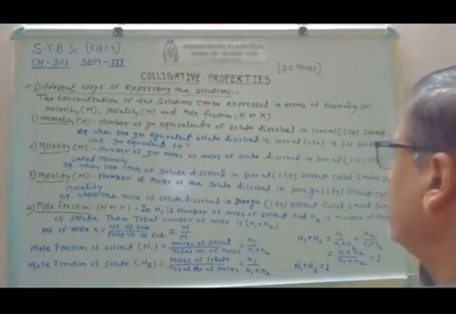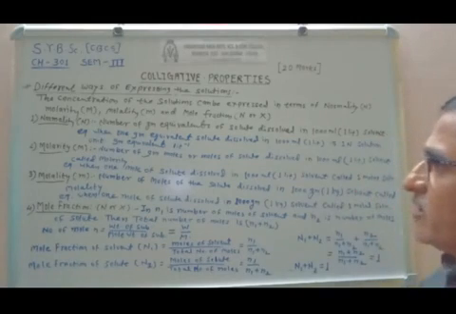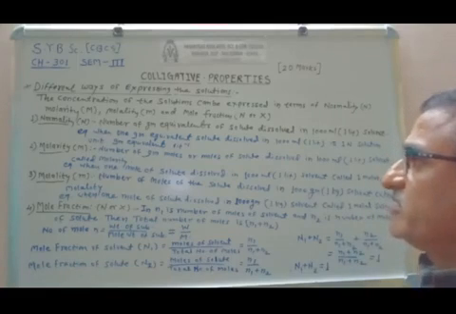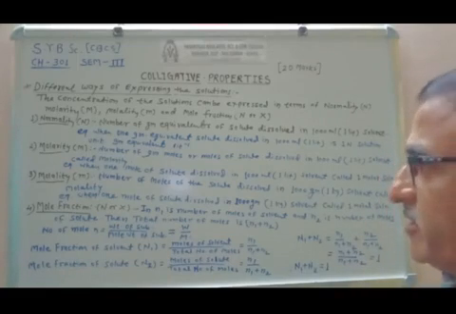This is the normality of a solution. The unit for normal solution is gram equivalent per liter.